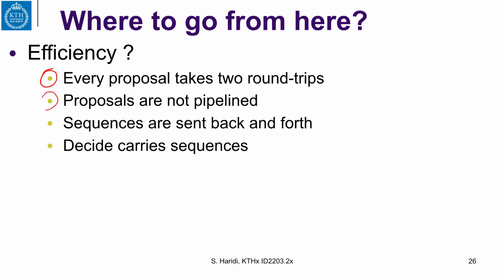The other aspect is that proposals are not pipelined. In this algorithm, there's only one proposer at a time, and it has to go through the accept phase and be decided before new proposals could be decided. The third aspect is that we are actually sending sequences back and forth. That is a problem. And decide carries sequences, and this could be arbitrarily long.